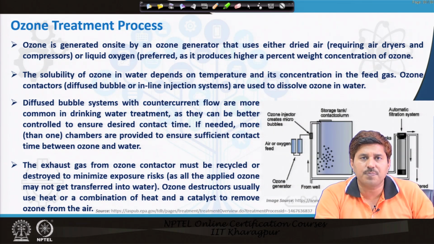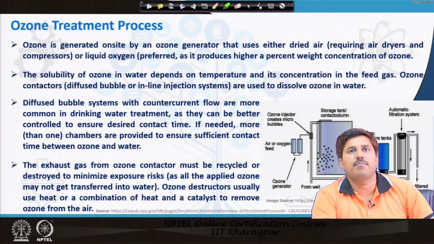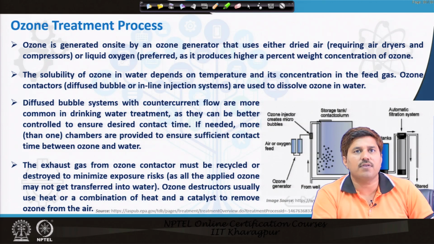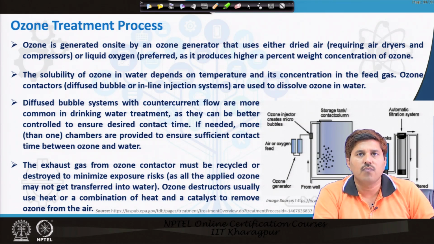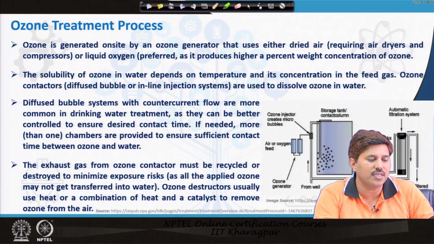Liquid oxygen is rather preferred because it produces better quality of ozone, which is being produced will have a higher percent weight concentration of the ozone. So that is why liquid oxygen is more preferred over using just simple dry air.